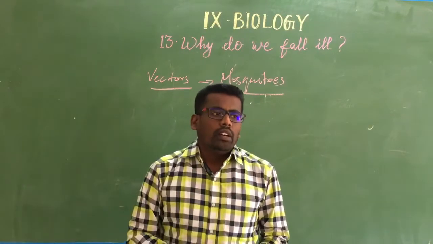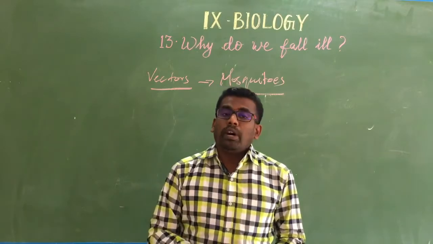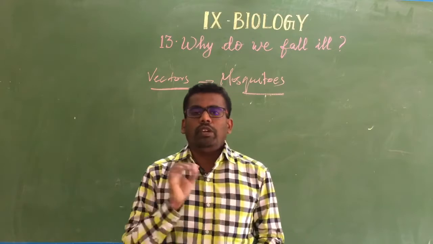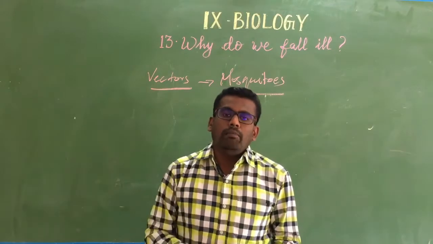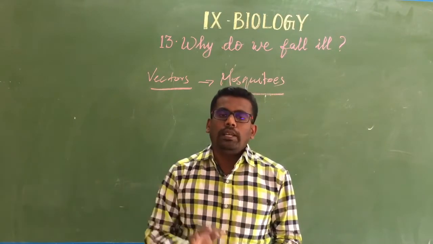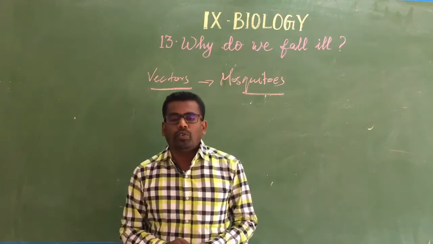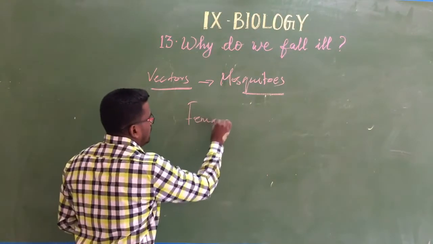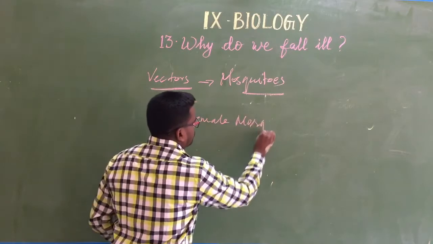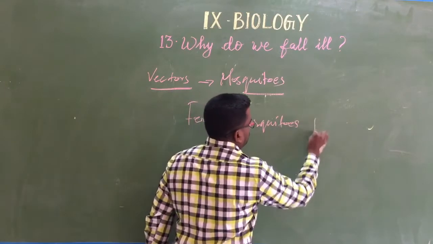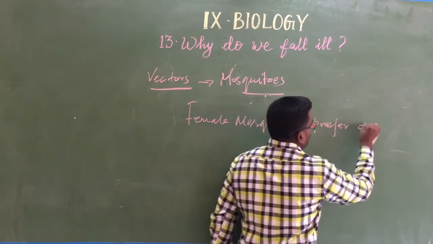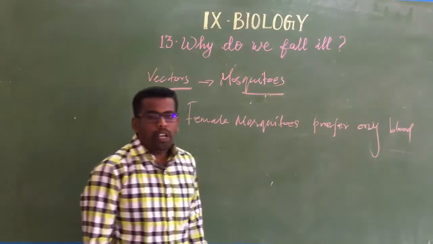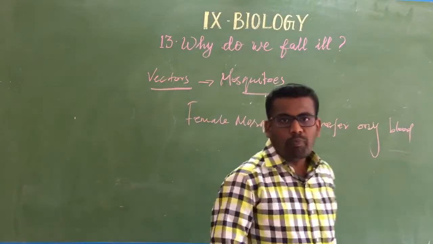Okay, you see, in the night time the mosquito disturbance is more. The mosquitoes are female mosquitoes. The female mosquitoes prefer only blood. Why do the female mosquitoes only need blood, not the male?